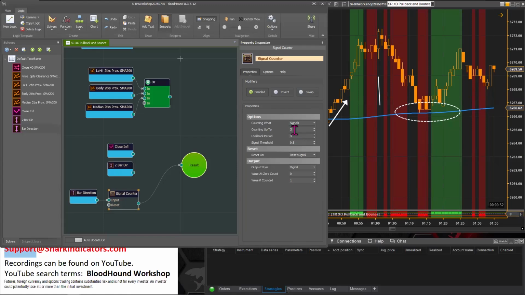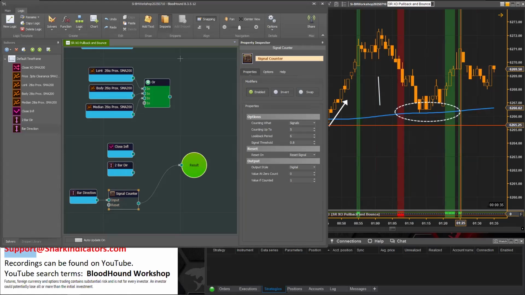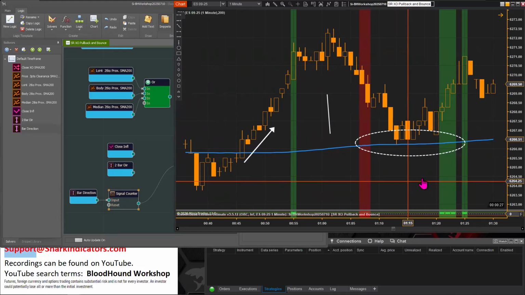Now, let's say we want 5. We need 5 bars in the same direction, but we want to allow at least 1 down bar. So we'll increase our look back period; we'll add 1 to that. And there we go. Let me zoom in here a little bit.